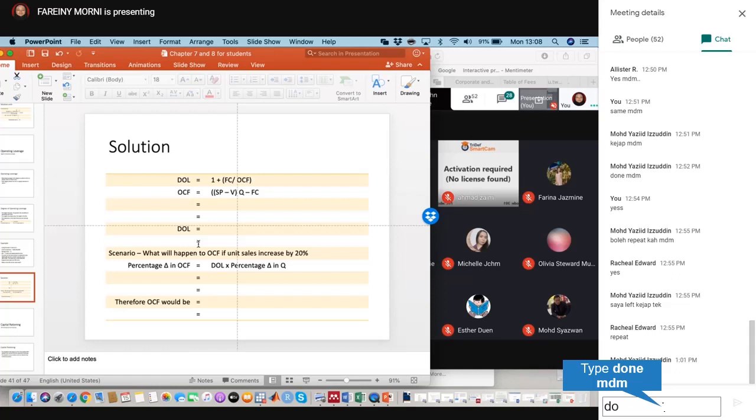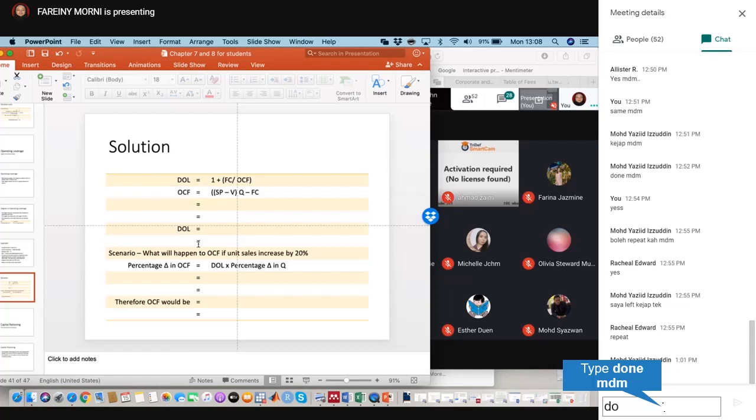Alright, so you get 1,170,328. That is your OCF. Alright, so your financial break-even is fixed cost plus OCF divided by selling price minus variable cost. So you should get 83.52 boats.